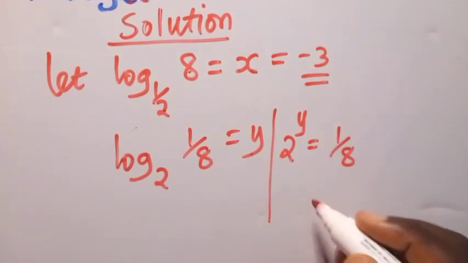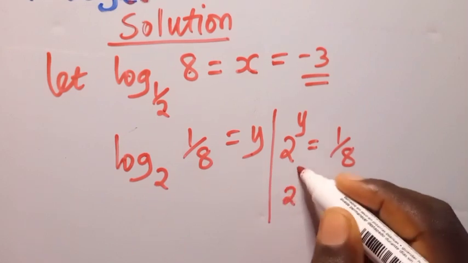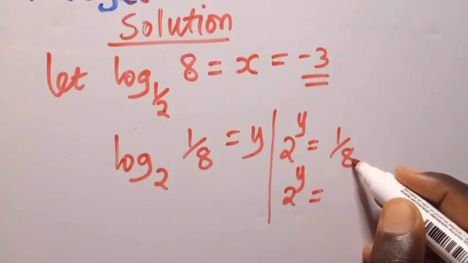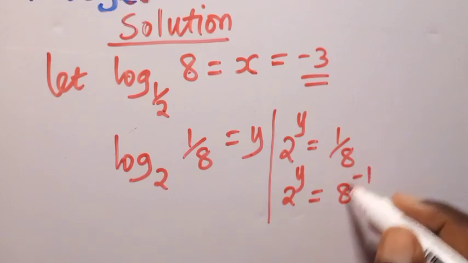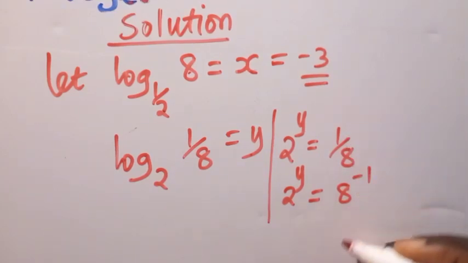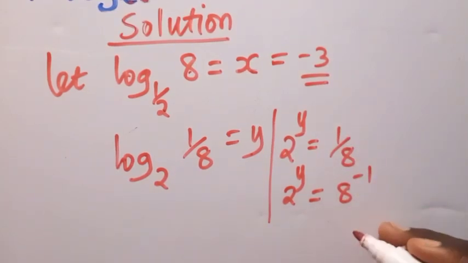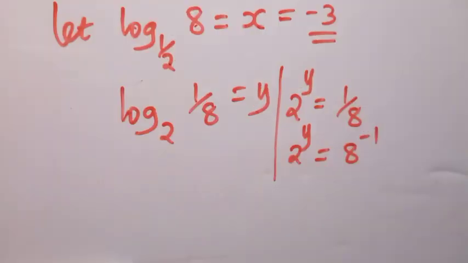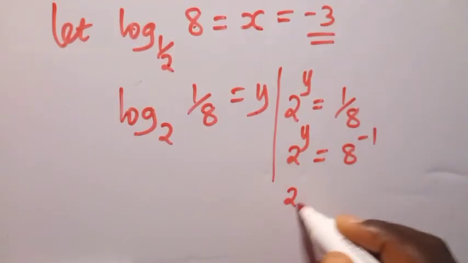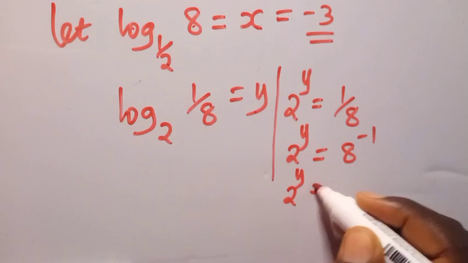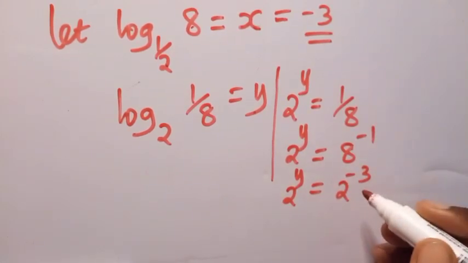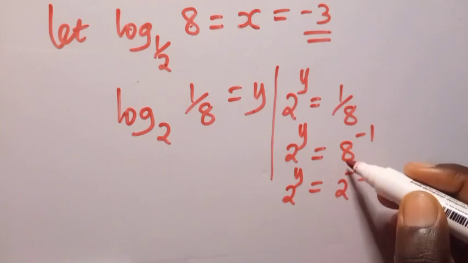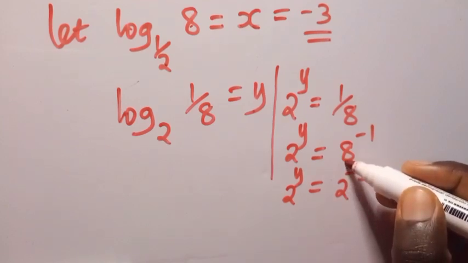Now from there, we shall have 2 raised to y equals 8 raised to negative 1. 8 raised to negative 1 is just the same as 1 over 8, mathematically. Then we shall have 2 raised to y equals 2 raised to negative 3, because 8 can be written as 2 raised to power 3.